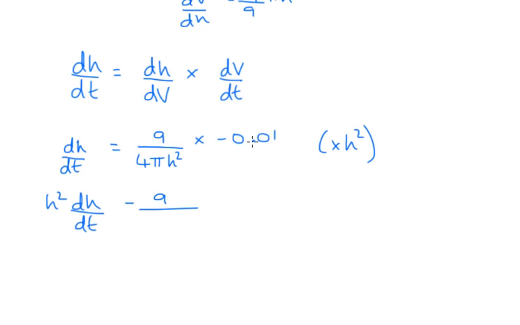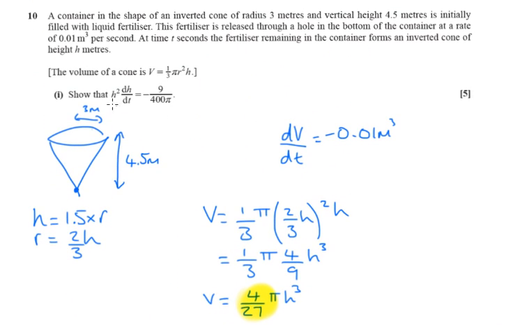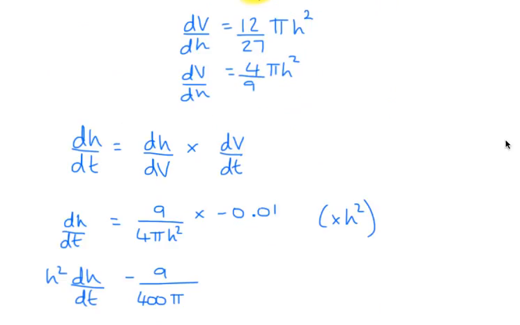This is the same as 100th, so they've got 4 times 100th, or 4 times 100, which is 400 obviously, pi. So we've got minus 9 over 400 pi equals h squared dh by dt, exactly what they had.